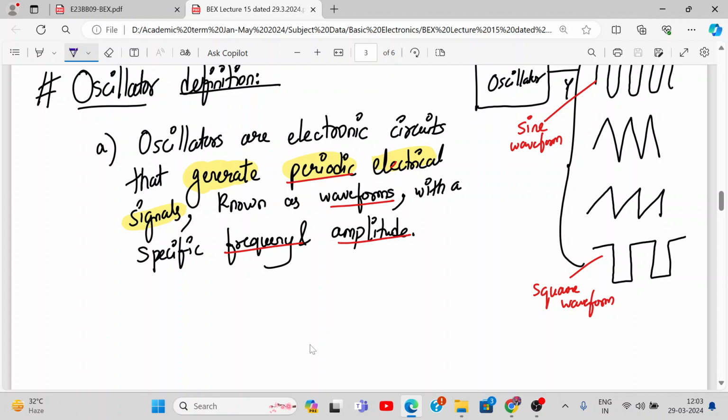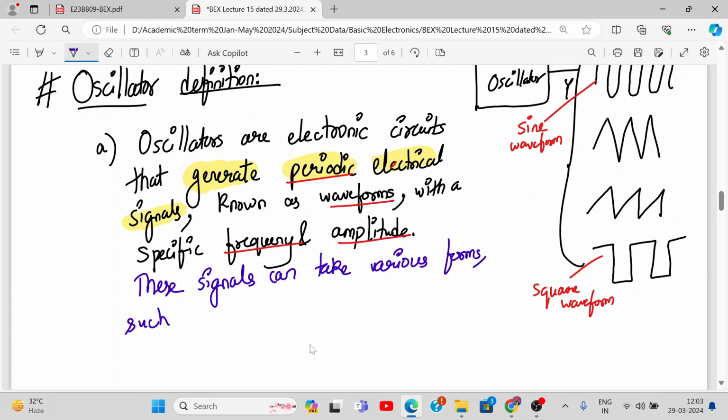Oscillators are electronic circuits that generate periodic electrical signals known as waveforms with a specified frequency and amplitude. These signals can take various forms such as, मतलब ये वाले सारे सिग्नल, such as sine wave, triangular wave, just I have described over here. यही सब है ना?